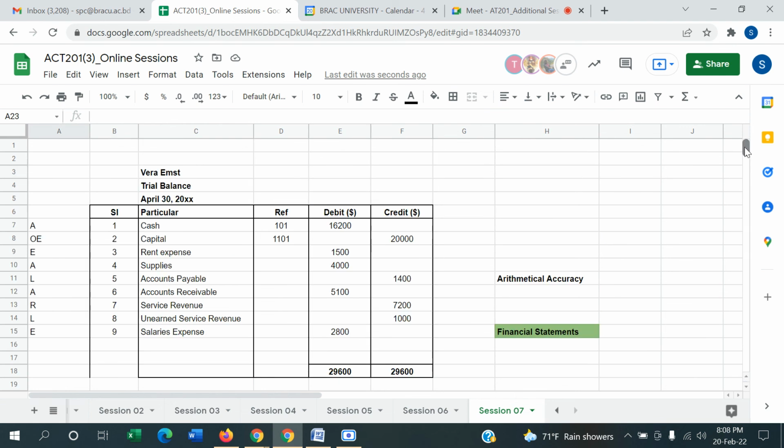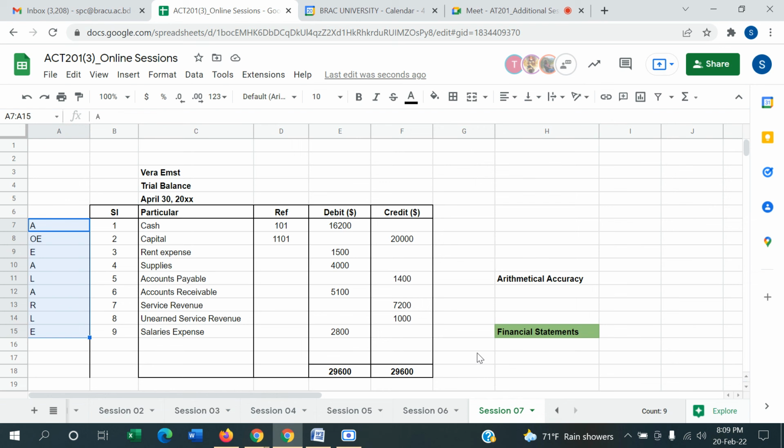And we also have seen what might be the advantages of preparing trial balance. We have seen that from the trial balance we can identify whether we have recorded amounts to the debit and credit correctly or not. We can get a picture of the financial position of the organization by seeing what are the assets, liabilities, expenses in the organization and what are the respective amounts.